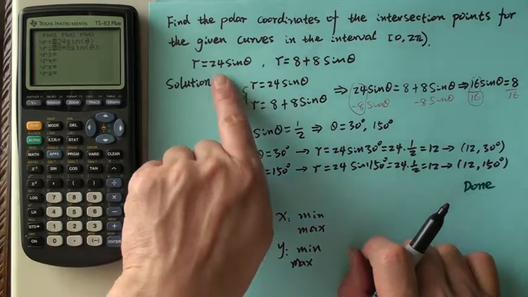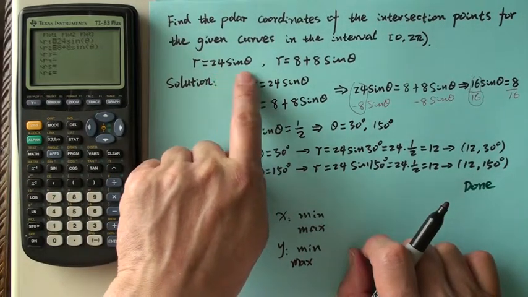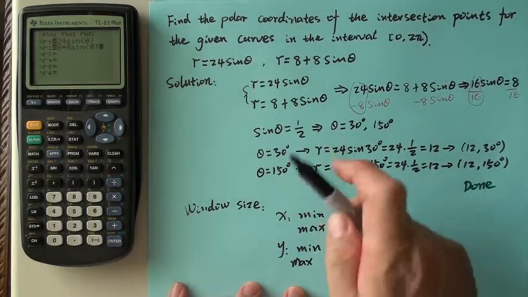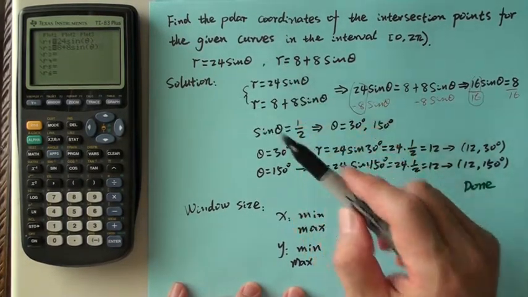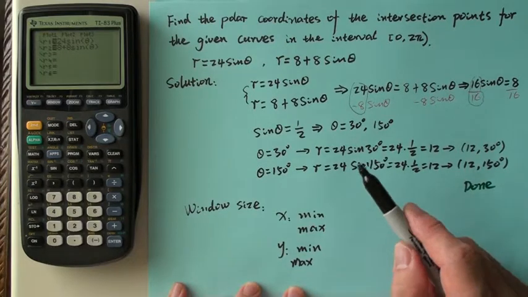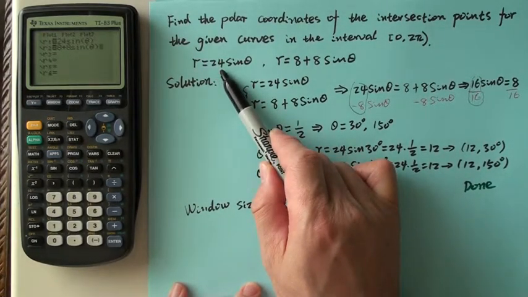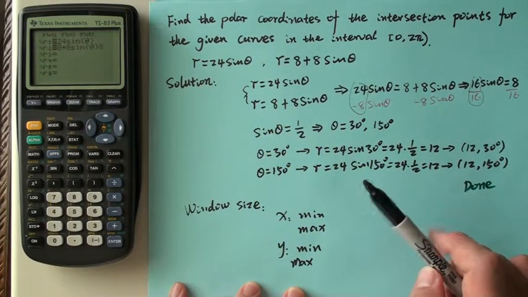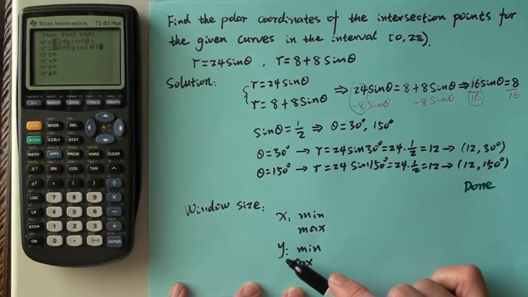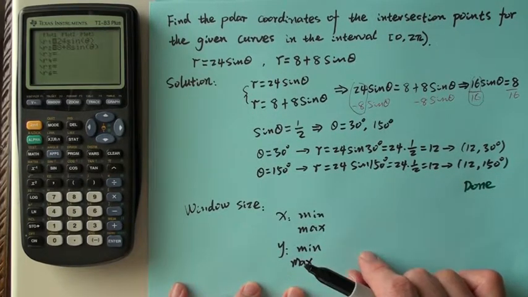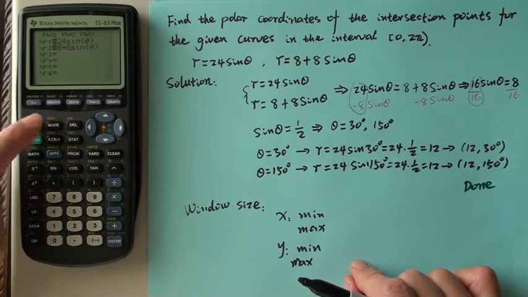You see here is 24 sine theta. So you might think sine theta can be from -1 to +1, which leads to r from -24 to +24. That's correct. But for x and y, you can do a little better than that.